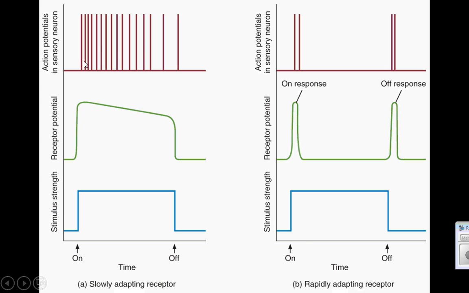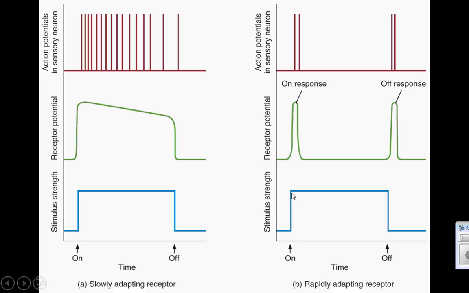What happens is ultimately up here at the top, and that relates to what happens with the receptor potential. During the entire time the stimulus is activating the receptor, we're creating receptor potentials that ultimately cause action potentials. Over time, the action potentials will spread farther apart, so there'll be fewer coming in, because our receptor potential will start to decline.